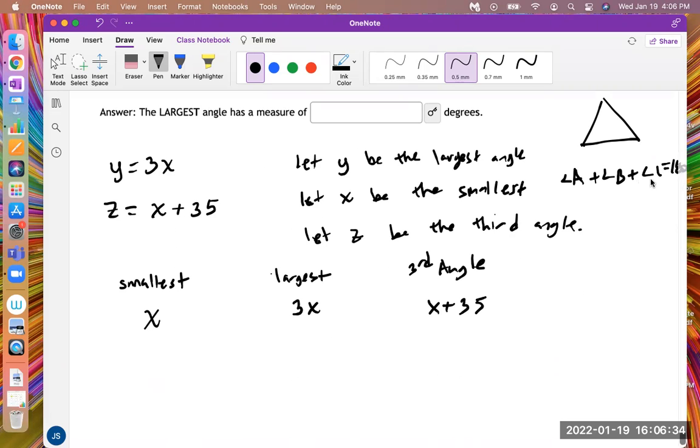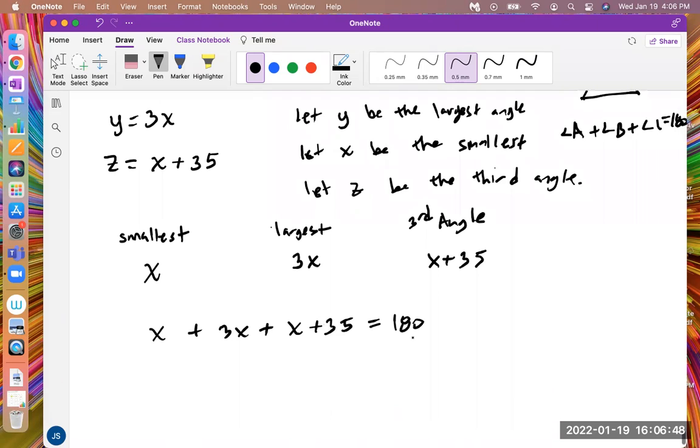So the smallest angle plus the largest angle plus the third angle all should add to 180. So that is my equation.